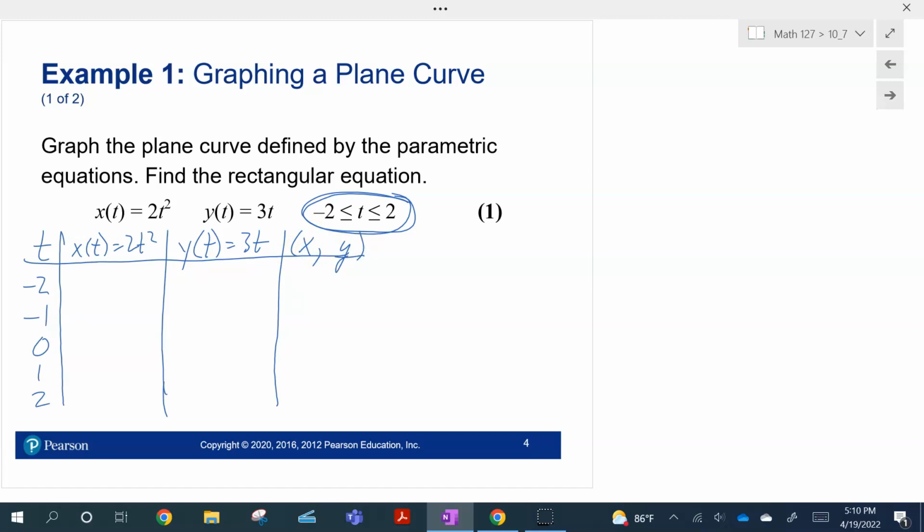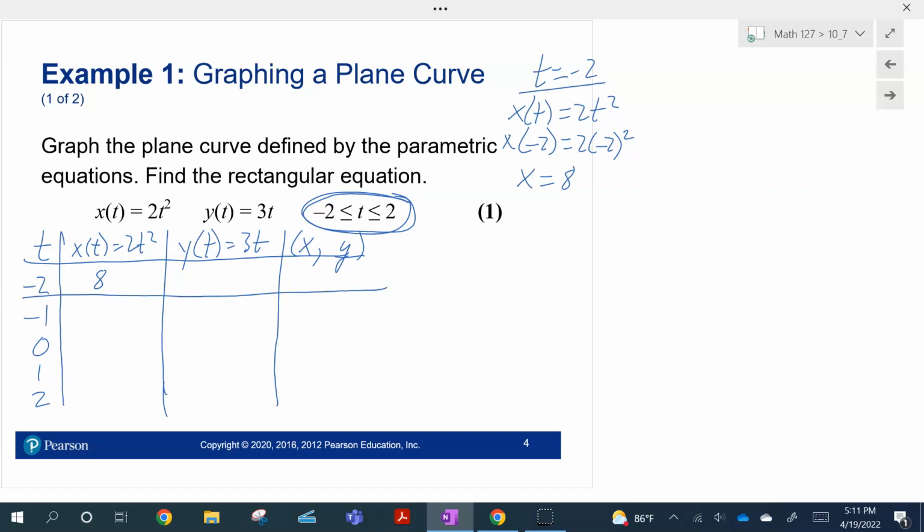Okay, so let's start out. For example, if t is -2, and x of t equals 2t squared, then x of -2 is 2 times -2 squared. In other words, x equals 2 times 4, which is 8.